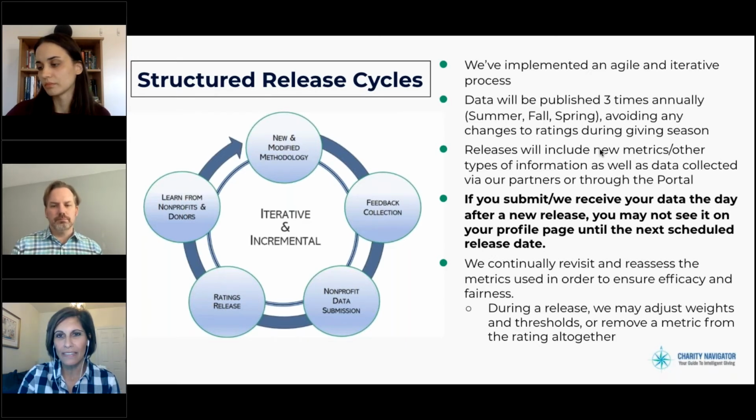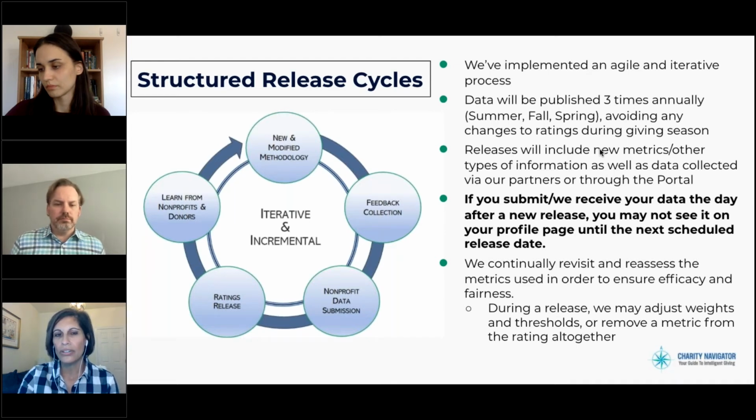The interesting thing that we're doing with Encompass that is a bit of a deviation from the way we've handled the star rating system in the past is that Encompass is very agile. It's incredibly iterative. It's an ongoing, continuous process.